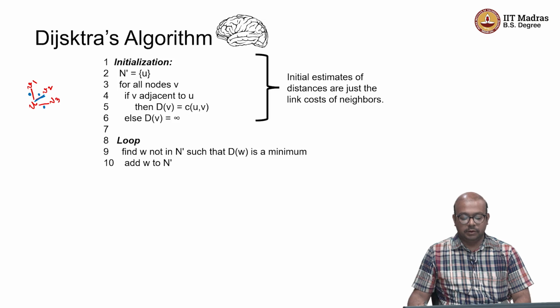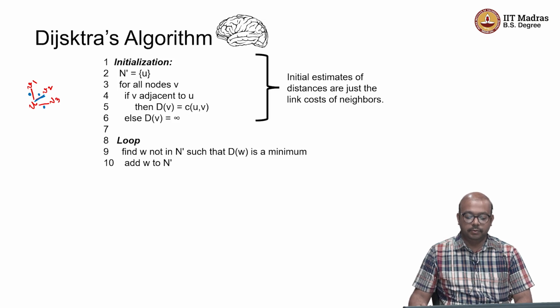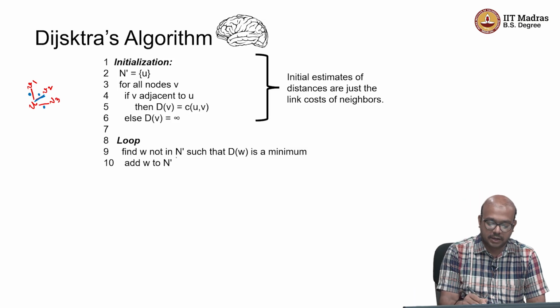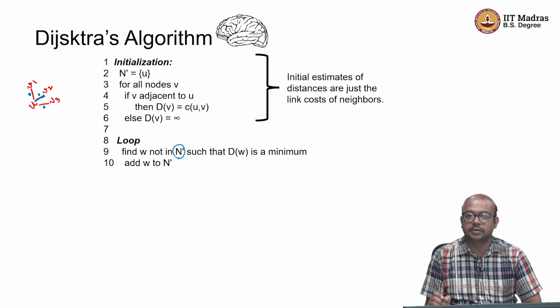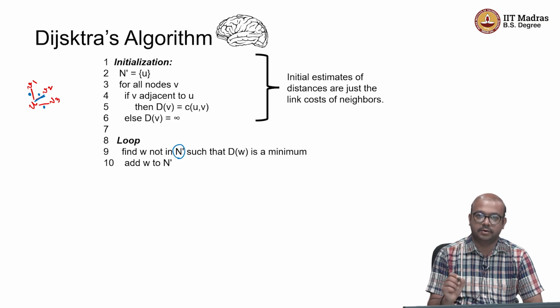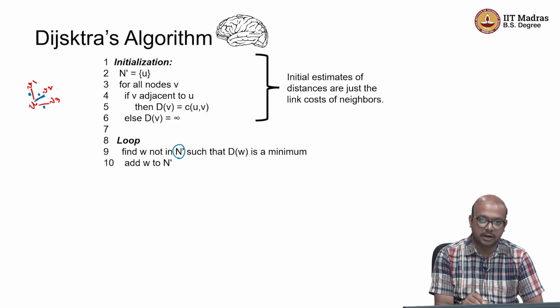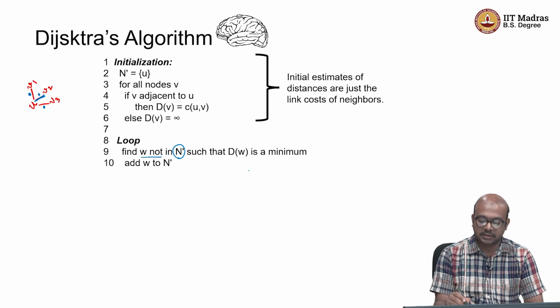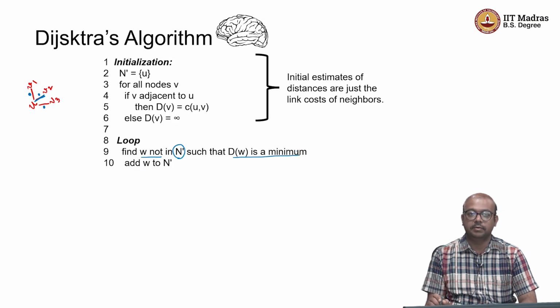After that we come to this loop where we find w which is not in N prime, that is clear, right, because if you are putting a node inside N prime, this means that you definitely know the shortest path to that particular node. So, we are only looking for the w's which are not in N prime. So, find w which is not in N prime such that D(w) is a minimum. What is D(w)?